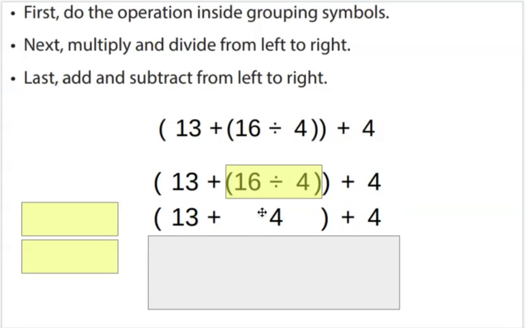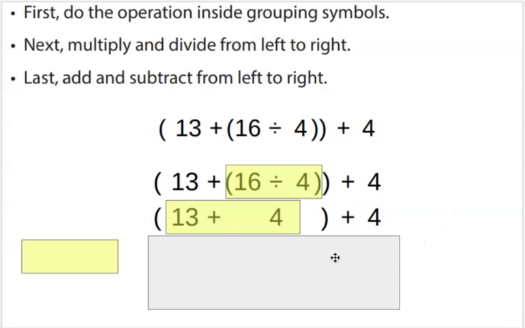So now you can see I've eliminated this set and I've brought down everything else I haven't used. So I still have this outer set of parentheses and I have 13 plus 4 and then this plus 4 over here. So the next thing that I have to do, again, following order of operations, is I still have to work inside these parentheses. So my next step here would be 13 plus 4.